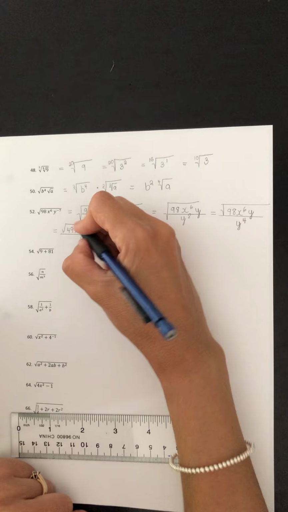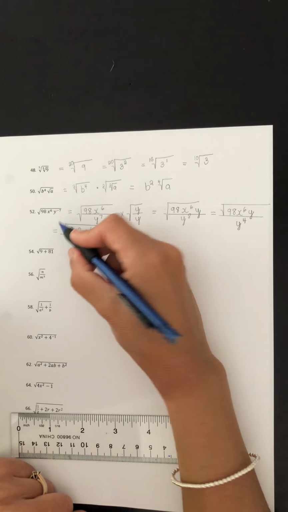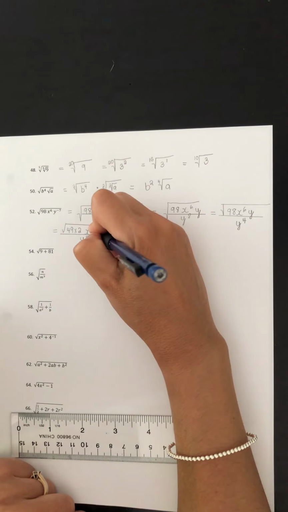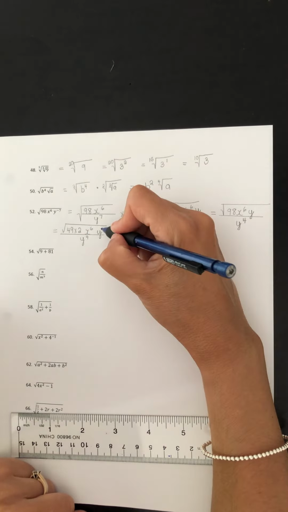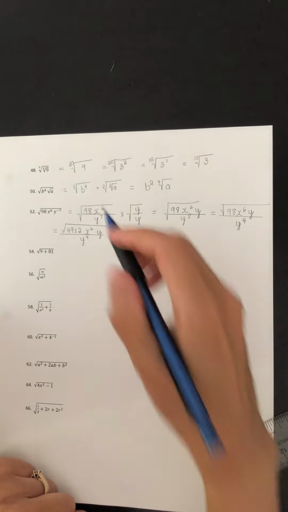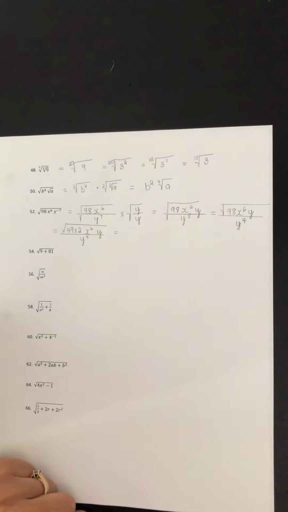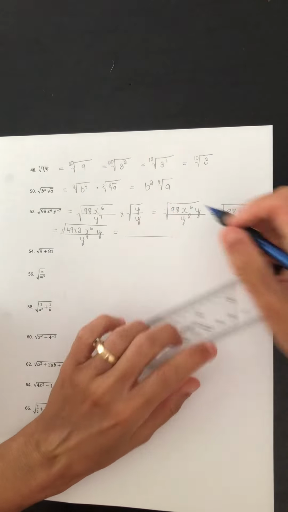X to the 6 is already set because 6 is a multiple of 2. We can't do anything with the y here in the top because its exponent is 1, which is smaller than the index. So here we go. Let's finally reduce that numerator.